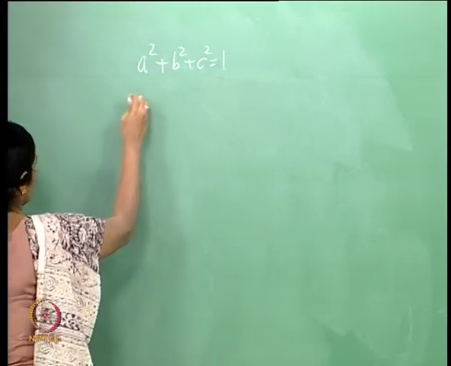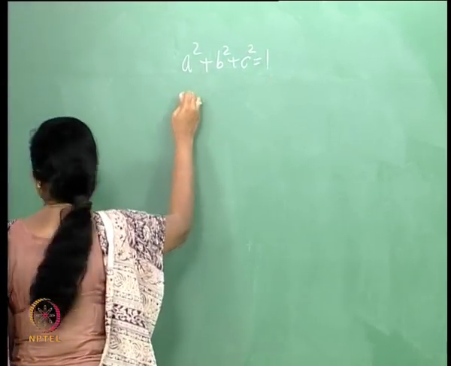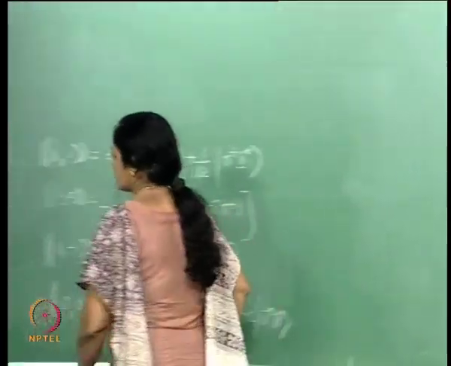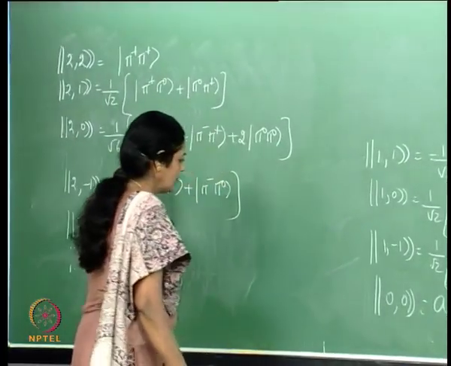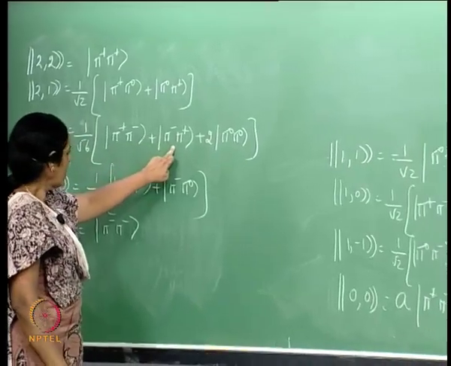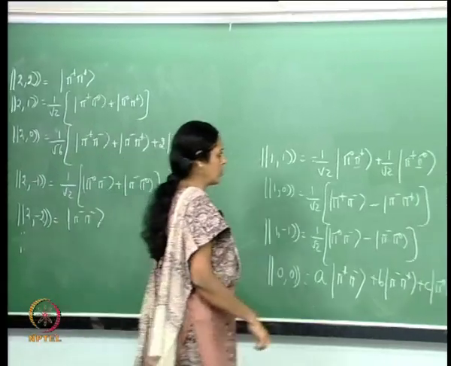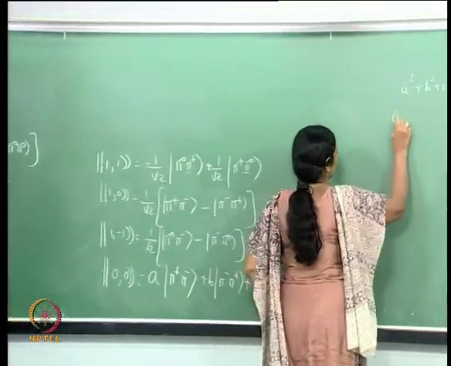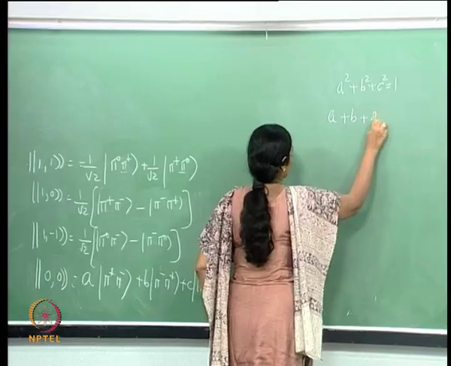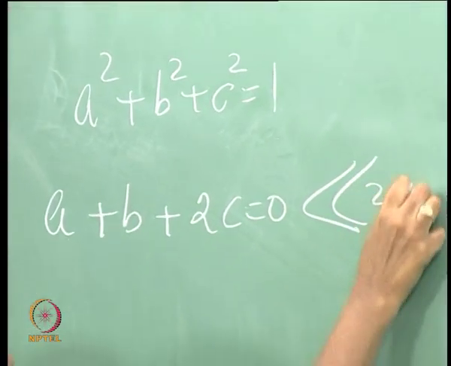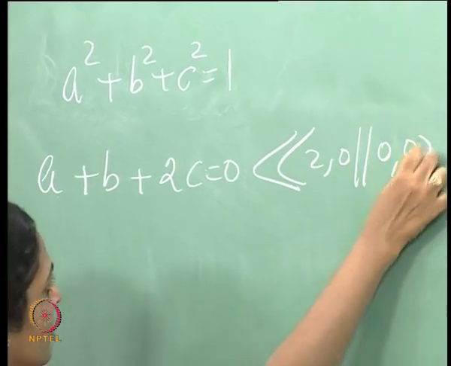And then 0 0 is orthogonal to 2 0. So that gives me A by root 6 plus B by root 6 plus 2C by root 6 equals 0. So A plus B plus 2C equals 0. This came from the fact that 2 0 was orthogonal to 0 0.